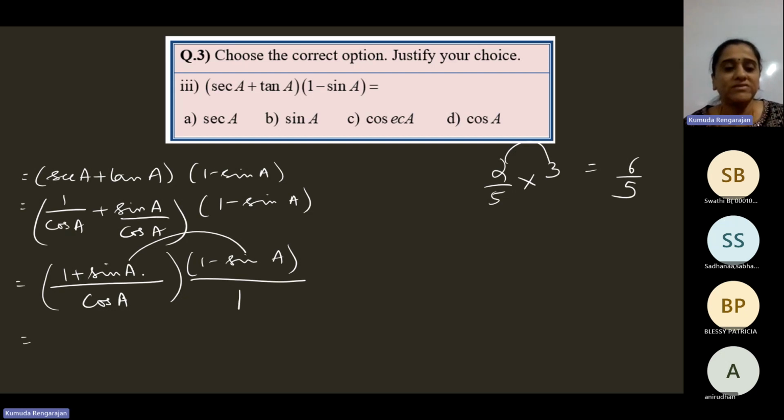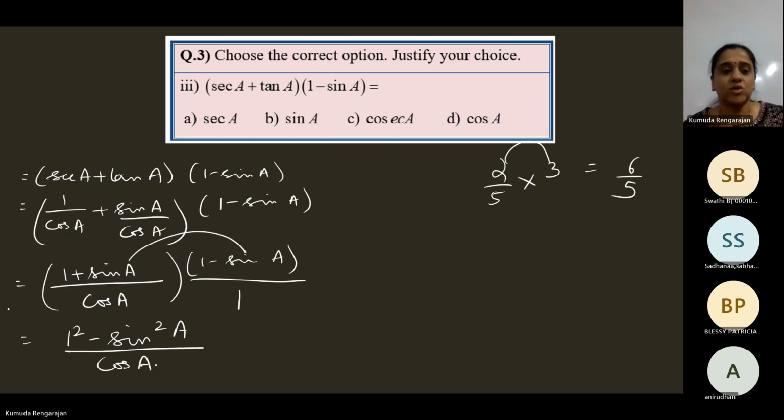Correct, Swati. So 1 plus sin A into 1 minus sin A. A plus B into A minus B, A square minus sin square A, by multiply the denominators, cos A into cos A is equal to, what is 1 minus sin square A?